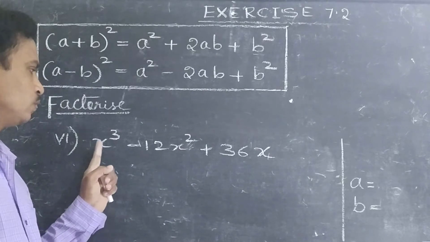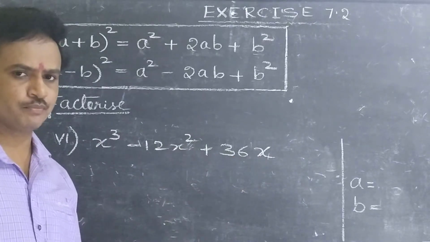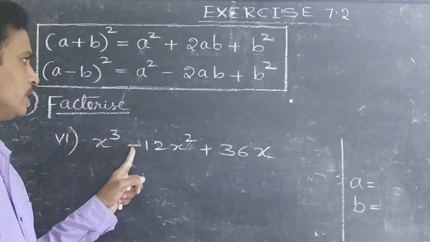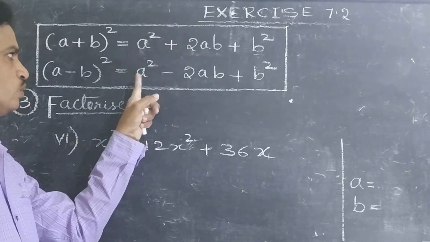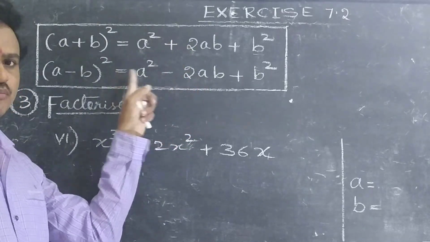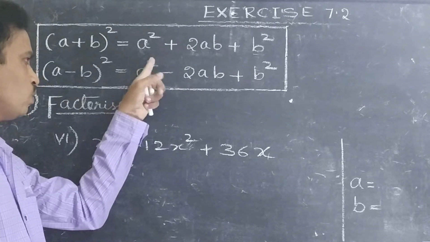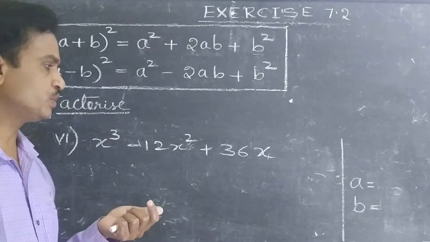The question is x cube minus 12x square plus 36x. Now in this question, the second term is minus. That means among these two identities we have to use this identity because the negative sign is there. But in this question x cube is there, so what should we do?